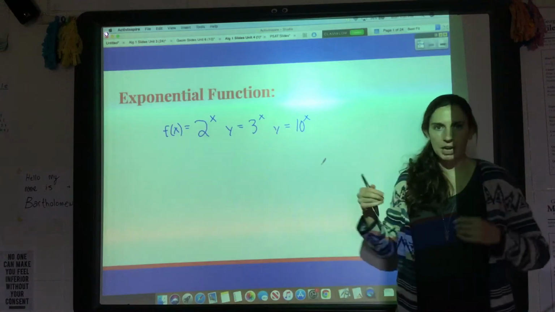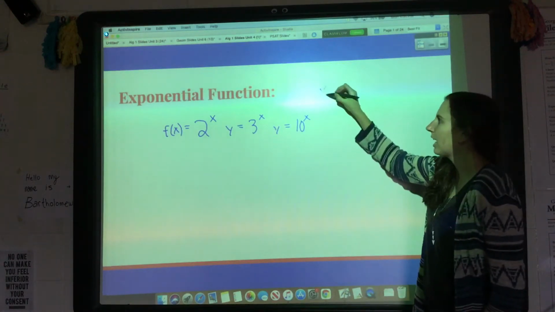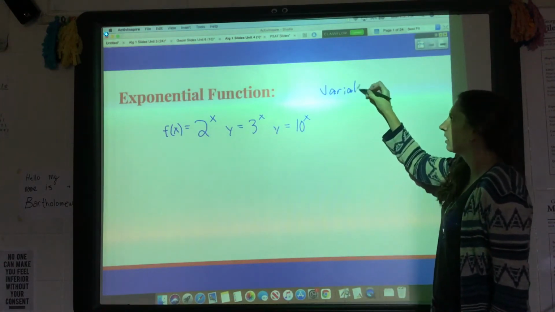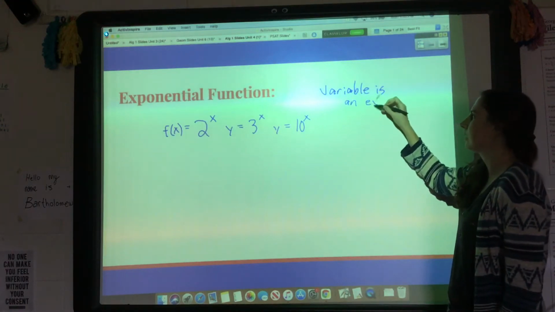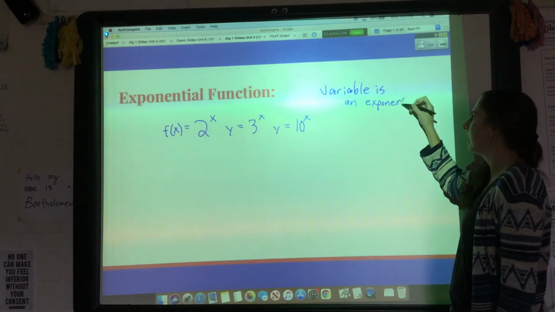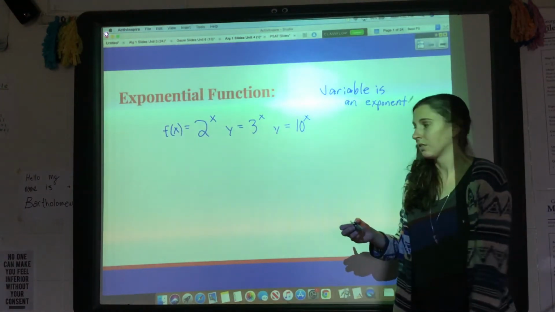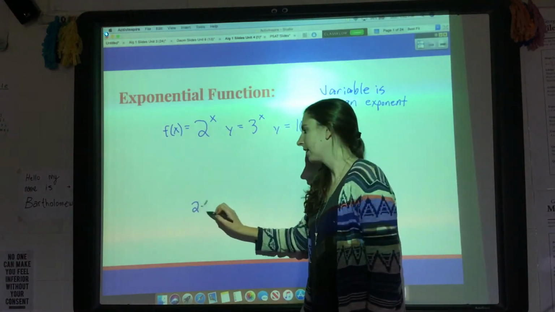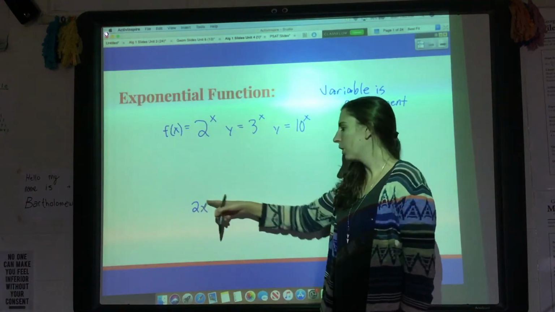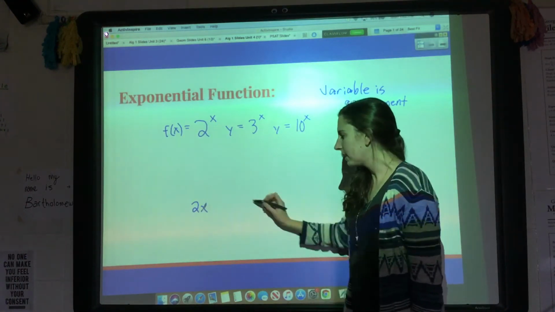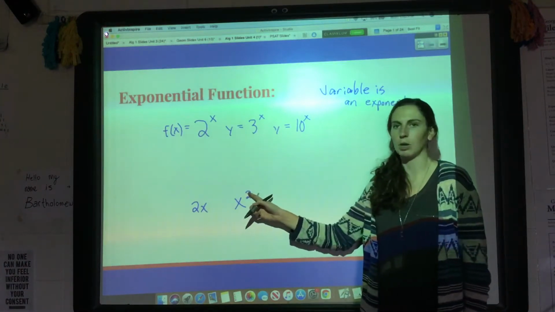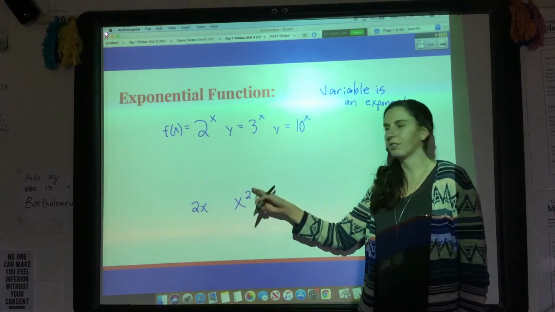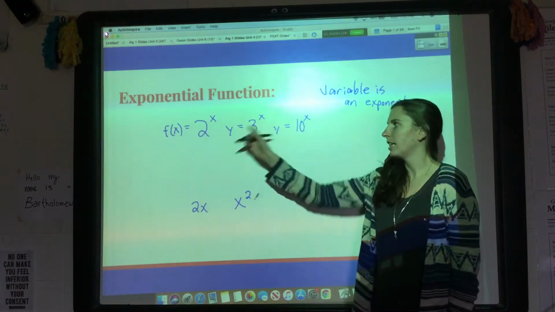And then you might have some other stuff, but if you have a variable as an exponent, so the variable itself is an exponent. That's different from linear functions, which just have the variable with no exponent at all. And it's different from quadratics, which have a 2 as an exponent, but they don't have the variable itself as an exponent.